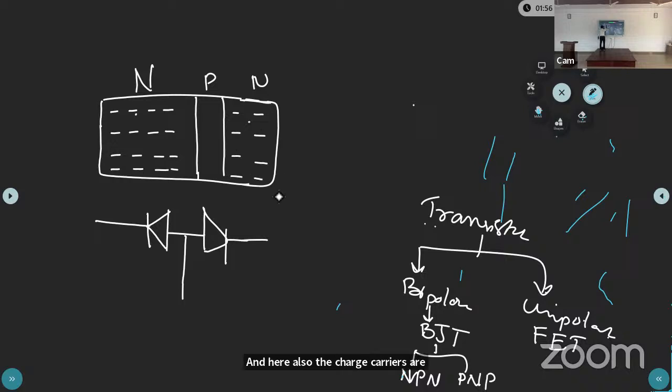And here the immobile charge carriers are positive ions, and here negative ions, and here holes are the majority charge carriers.